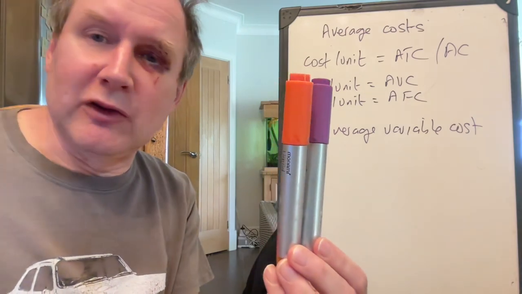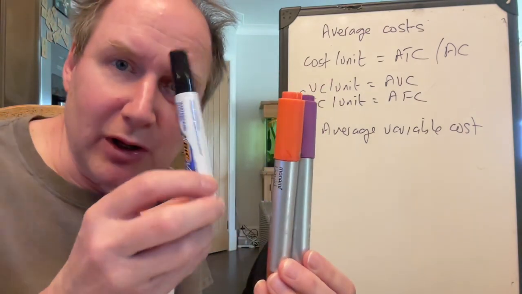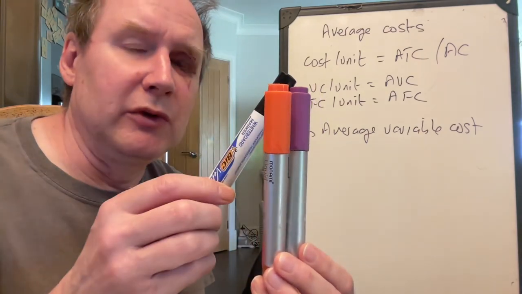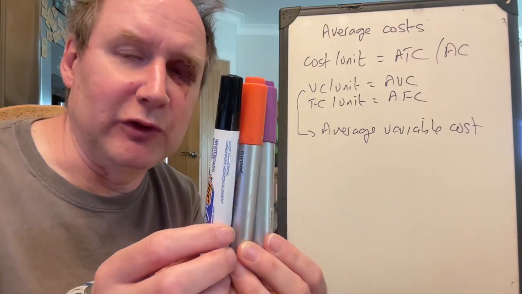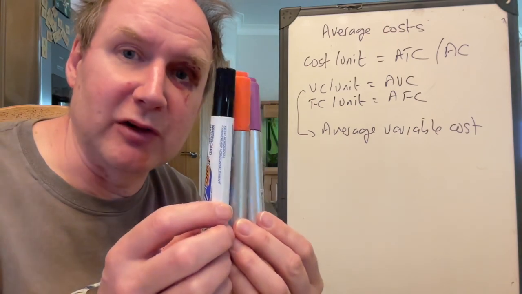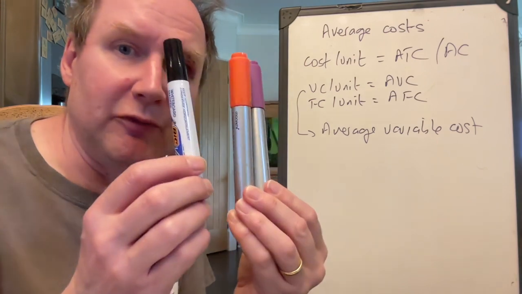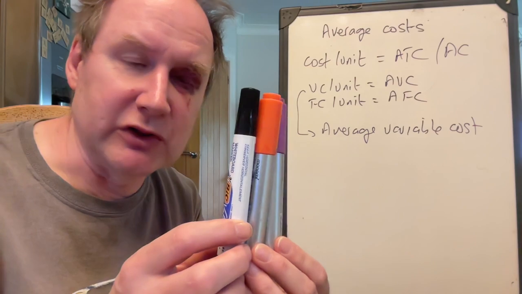If I then add a third one, and the marginal cost of this one is 60p, then it's £1 plus 80p for the second one plus 60p for the third one. That's my total variable cost, remember. So my total variable cost of three pens is £2.40, divided by 3 is 80p on average, and so on.